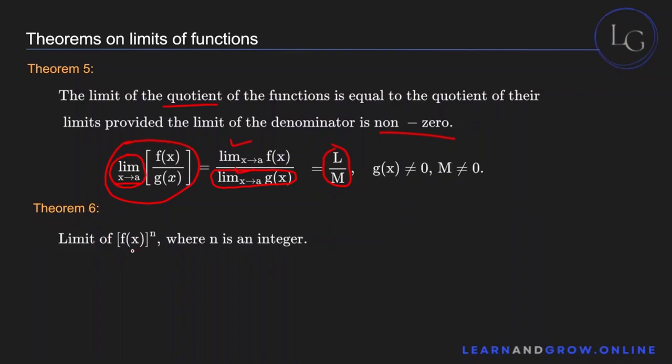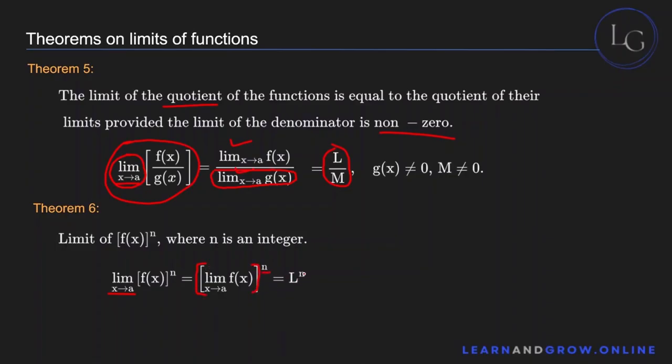Okay, so now the limit of f of x whole to the power n, where n is an integer, basically means that if you have the limit of f of x whole to the power n as x approaches a, you can basically take it as the limit of f of x as x approaches a whole to the power n.